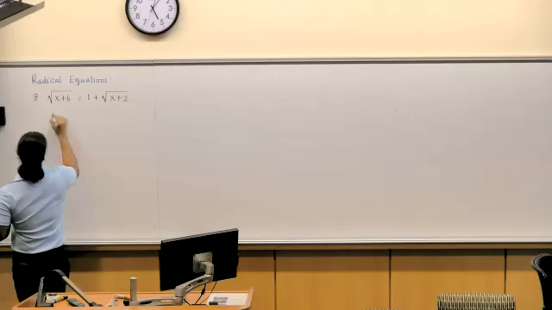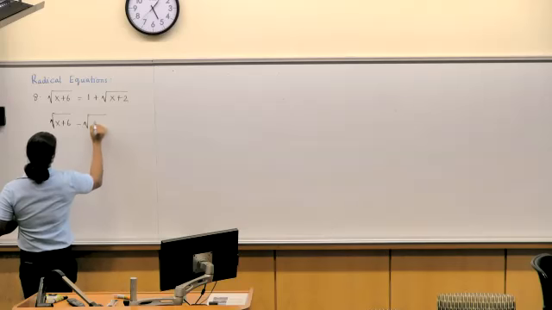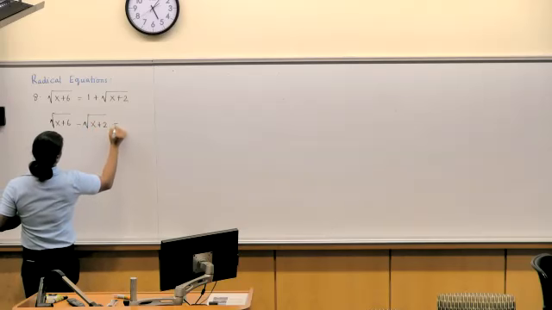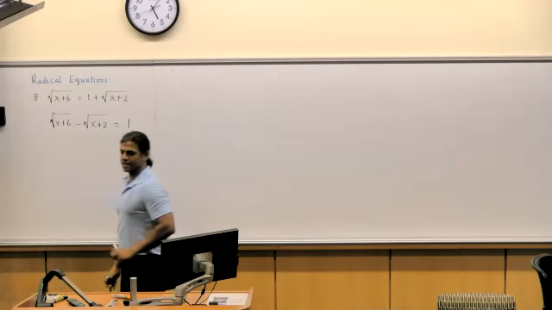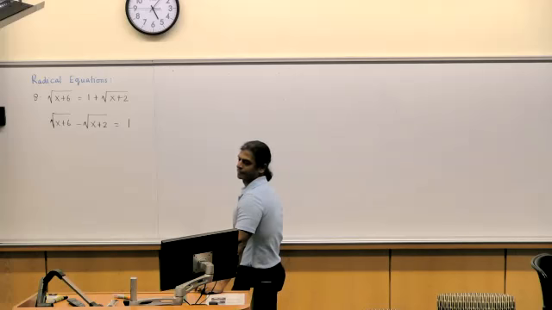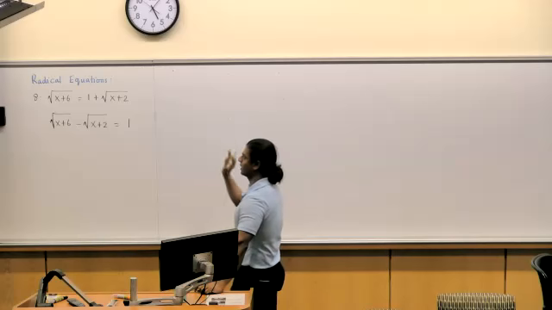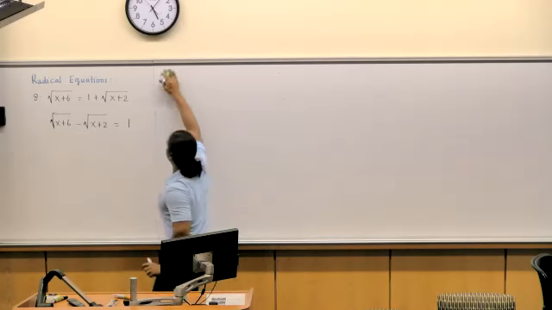So square root of x plus 6 minus square root of x plus 2 would equal 1. Good. Now we could use the same concept that we learned, square on both sides.